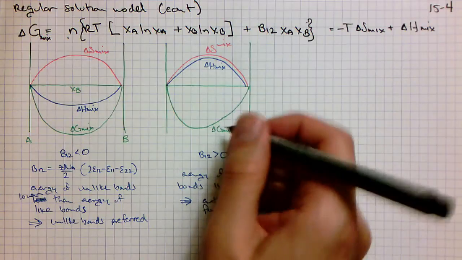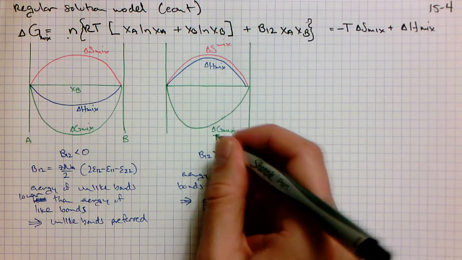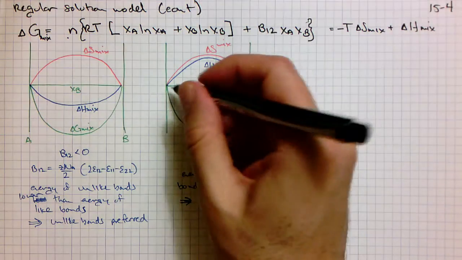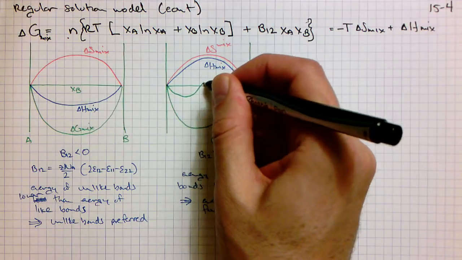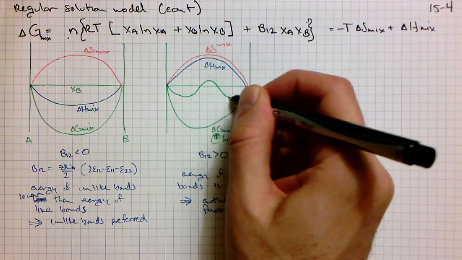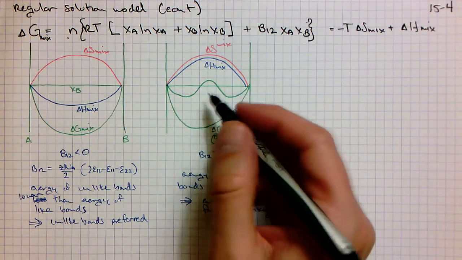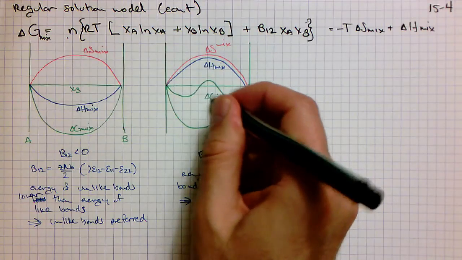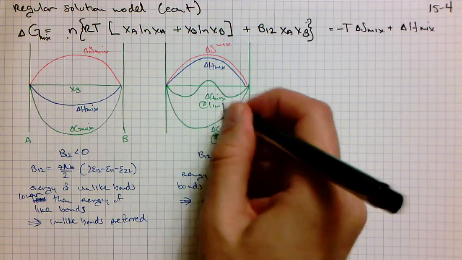This is particularly true at high T. But at low T, you can get a situation where delta H mix dominates at intermediate compositions, and so this is delta G mix at low T.